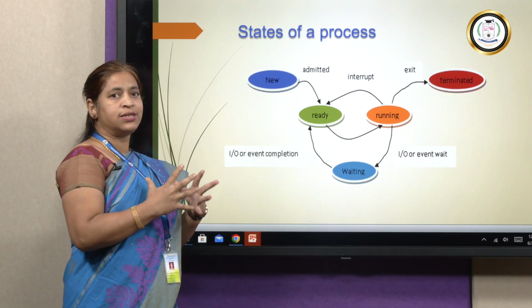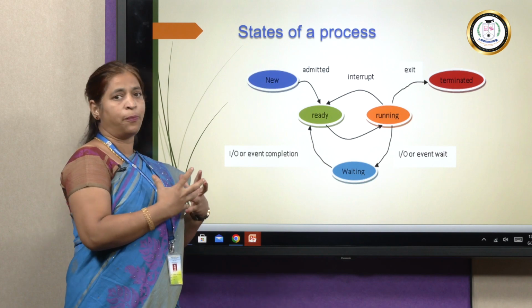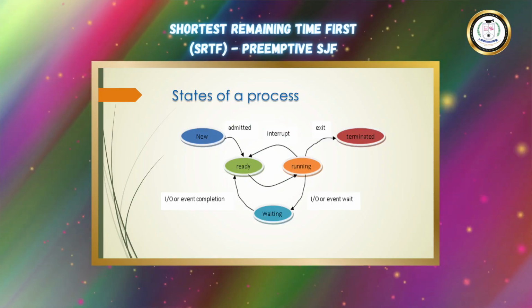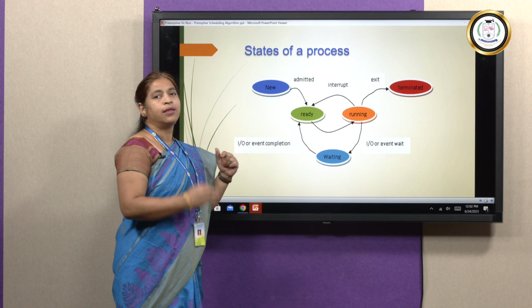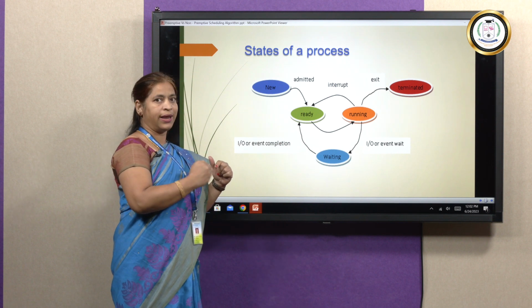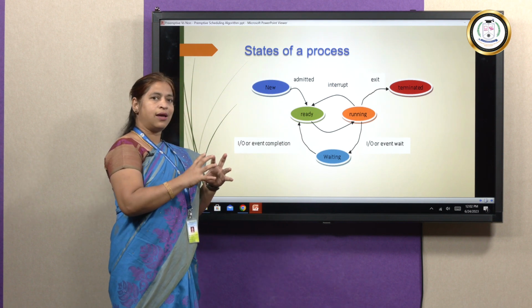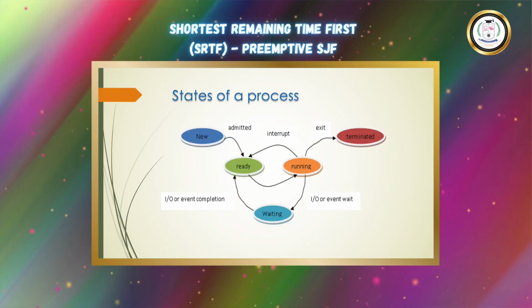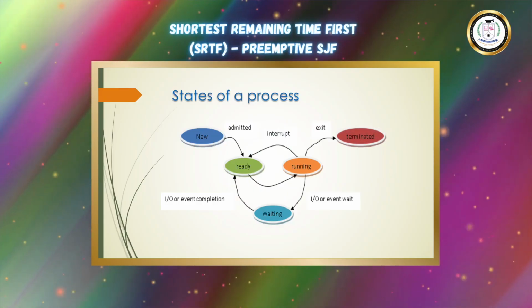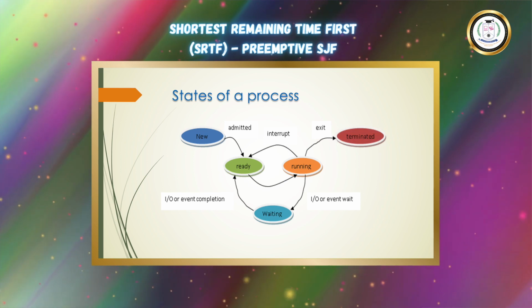Once the resources are allocated to a particular process, then it will turn into running state, where the process will be running exactly. Once the task is over, it will be switched over to exit state, where we call the state as terminated state.